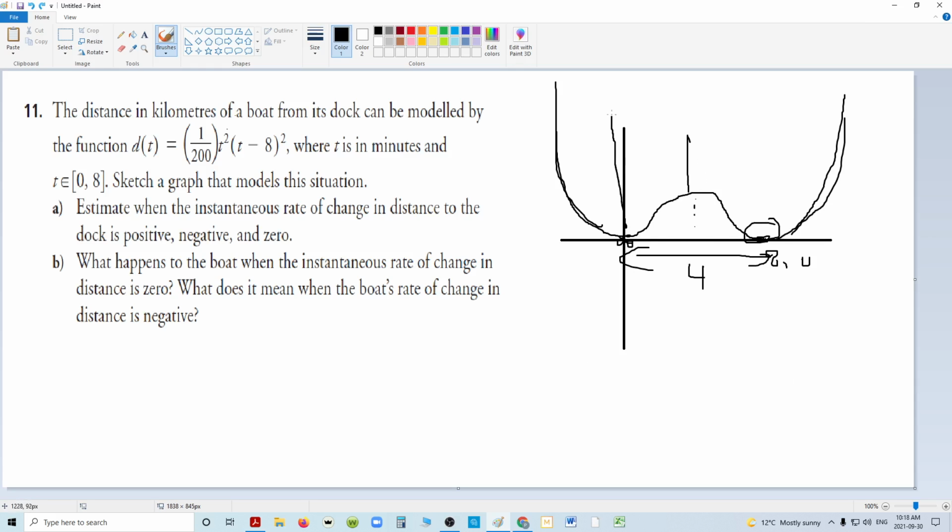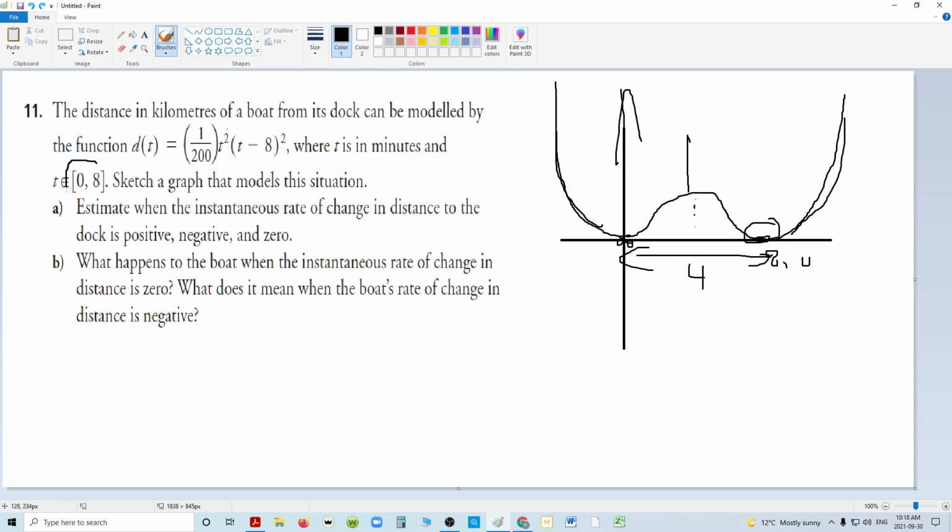Now, since y, or d of t, measures distance, I know that this represents distance away from the dock. Therefore, the x-axis represents the dock, essentially. And I can tell you that this here represents t, time, which is in minutes, and distance is in kilometers. Okay, it's quite clear.